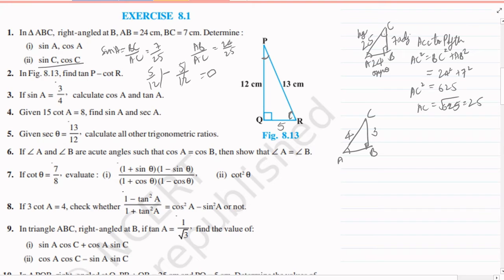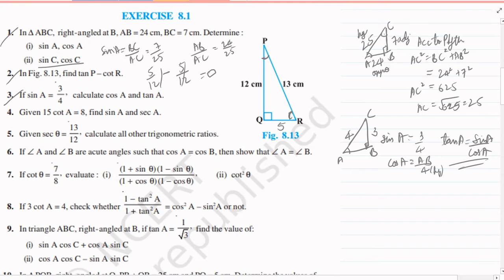Sin A is equal to 3 by 4, so cos A will be AB by 4, which is the hypotenuse. And tan A is equal to sin A divided by cos A. Do this and your third question is done.